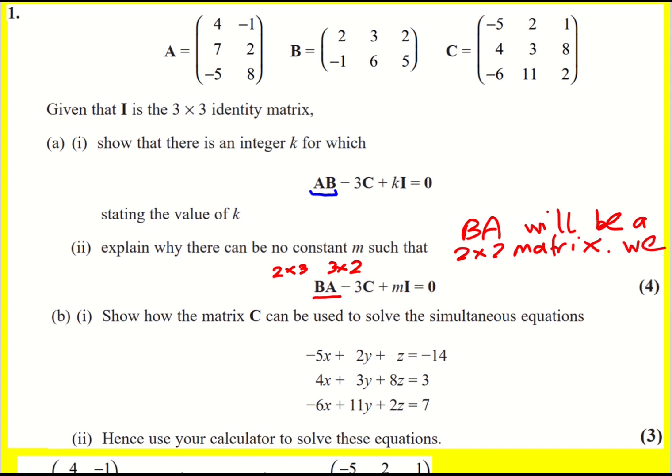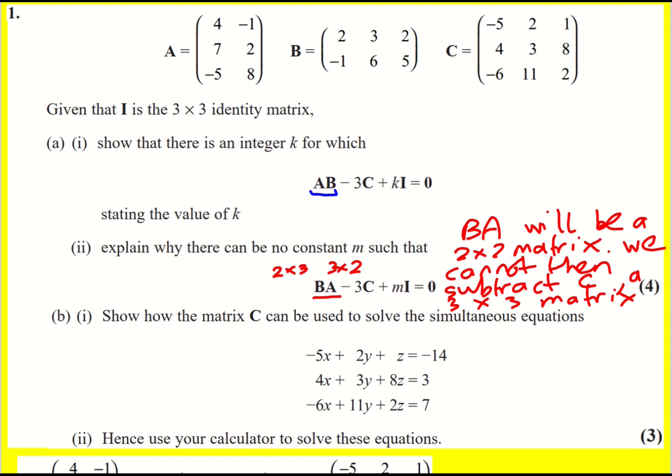And we cannot then subtract C, a 3 by 3 matrix. These two matrices are not conformable under addition. That's another way of saying it.